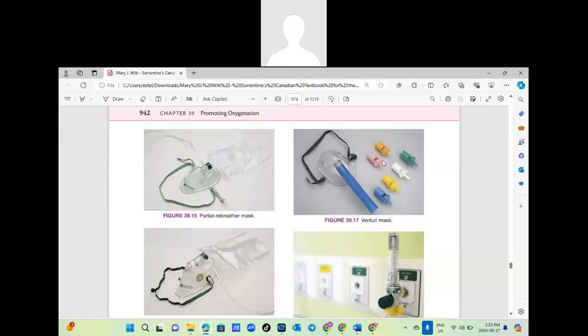So it depends on the level. We have the color coding. Again, this is not your scope of practice, but it is nice to learn. Different colors represent different flow rates. For example, this is 1 to 2, and so on. You attach it over here.